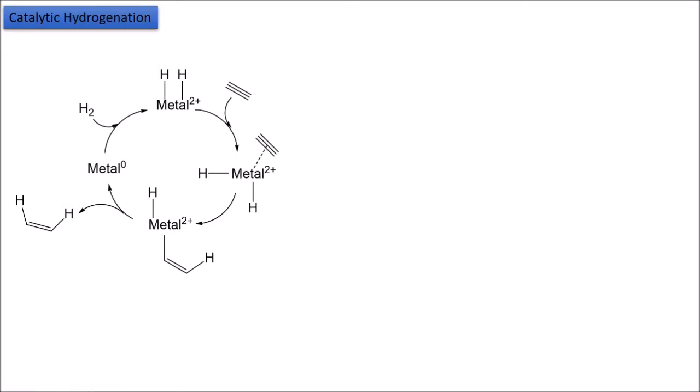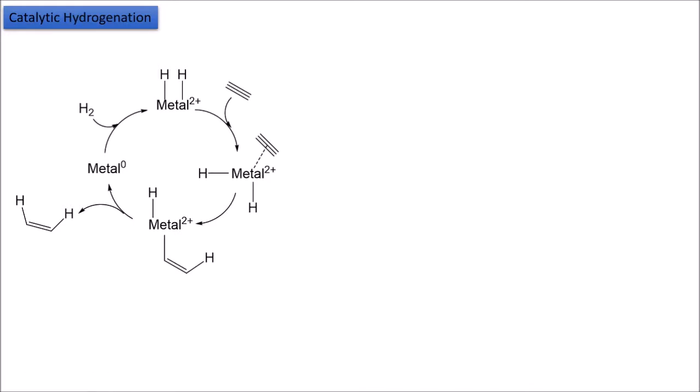But this is hopefully something that you've seen before. So again, oxidative addition, coordination. Now that everybody is loaded up on the metal surface, one of those hydrogens slides into the alkyne. This is the insertion step, and then the second hydrogen leaves the metal, slides into what's now an alkene, and we end up with our reductive elimination step.